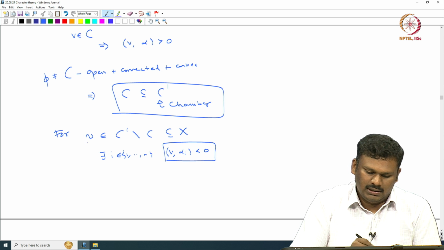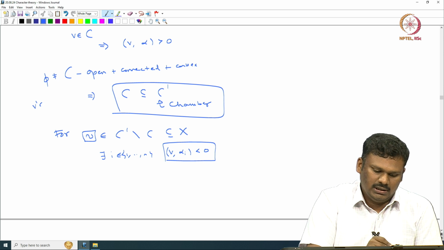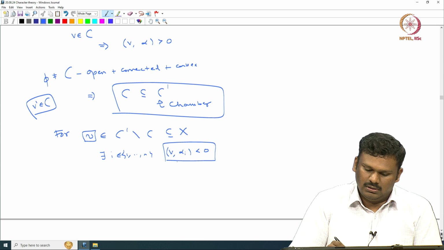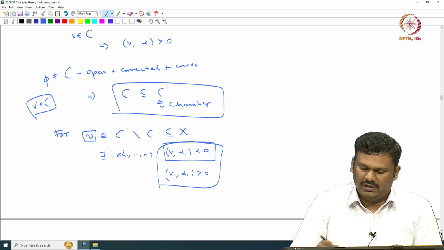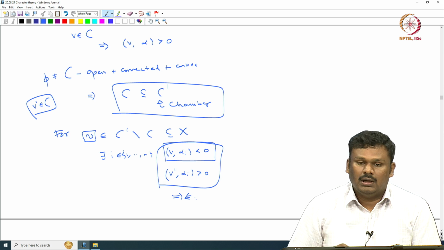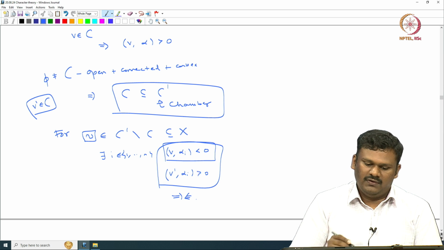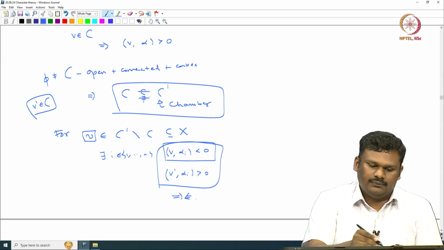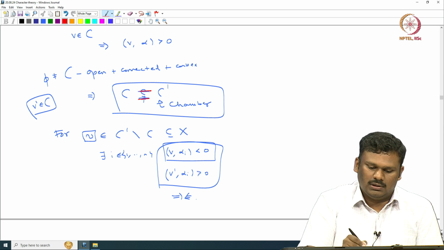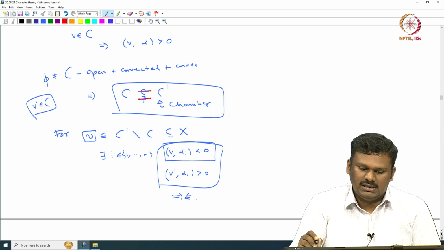So, this point and the point in C now lie on different sides of the hyperplane defined by this alpha_i, which is a contradiction. That proves that we will not have this strict inequality, so we must have equality. This proves C is indeed one of the chambers.